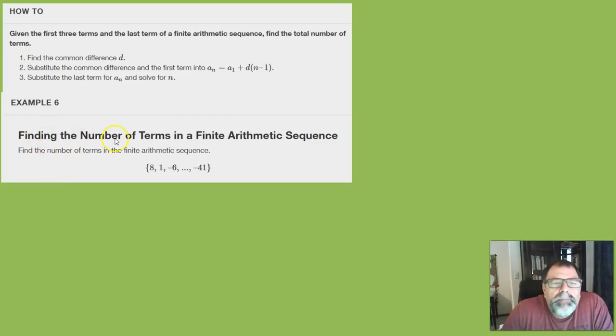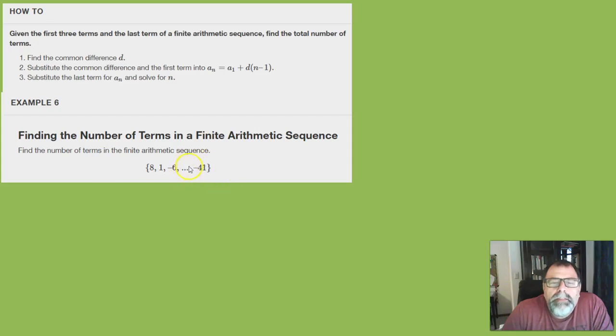Okay, example 6, finding the number of terms in a finite arithmetic sequence. Find the number of terms in the finite sequence. So we have the first three terms, 8, 1, negative 6, then the ellipsis, and then negative 41. And we want to know how many terms that is.